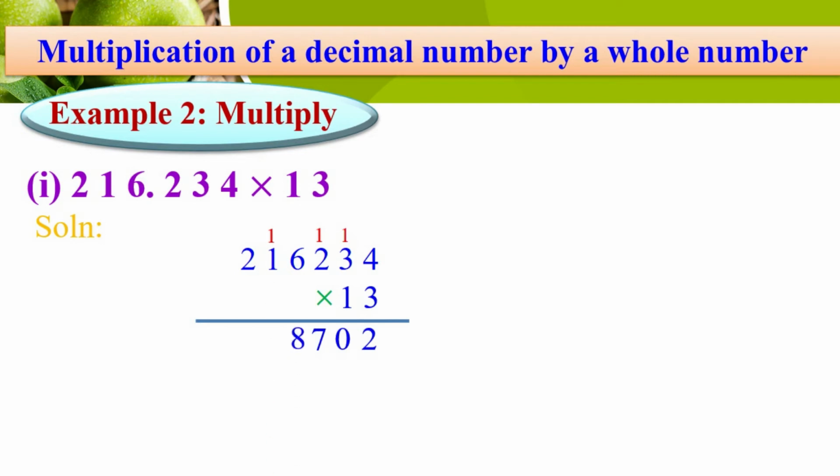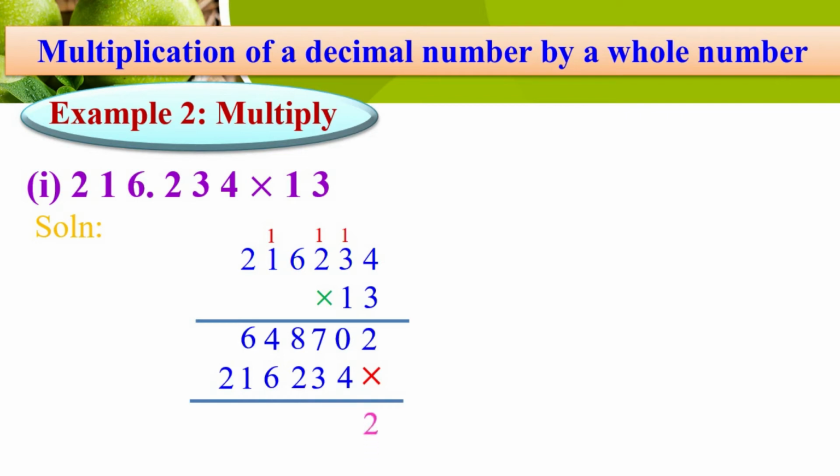Carry 1. 1 3 is 3. 3 plus 1, 4. 2 3s are 6. Then take the 1 table. 1 4 is 4. 1 3 is 3. 1 2 is 2. 1 6 is 6. 1 1 is 1. 1 2 is 2.